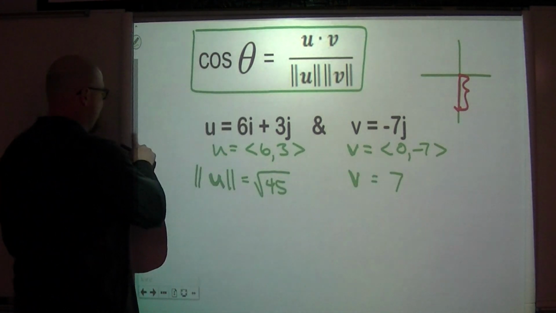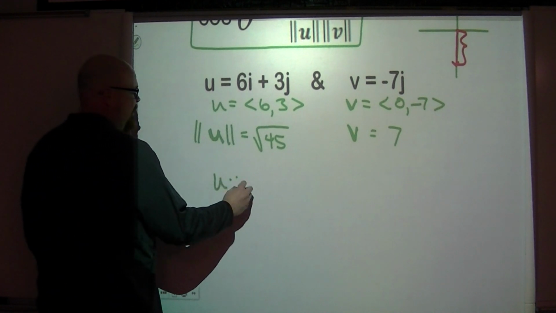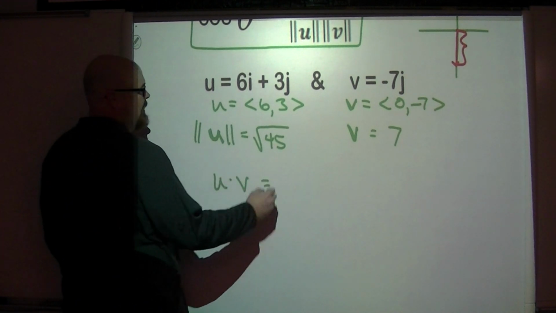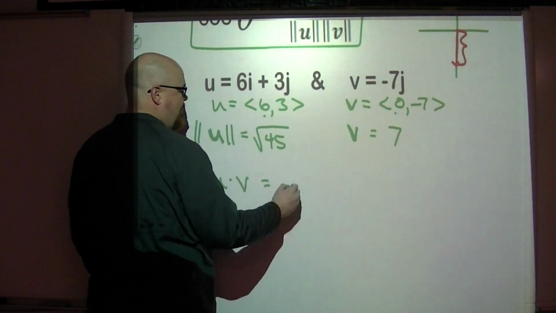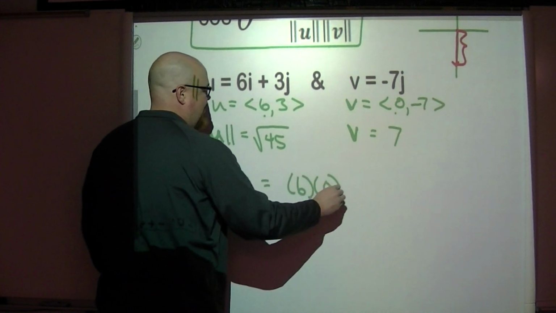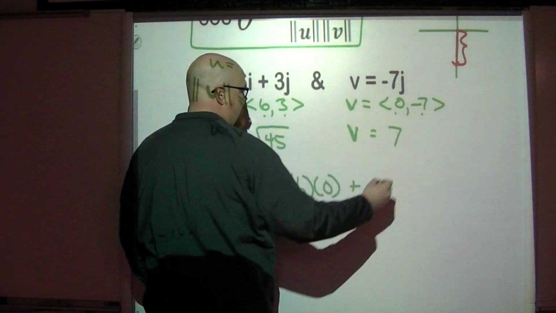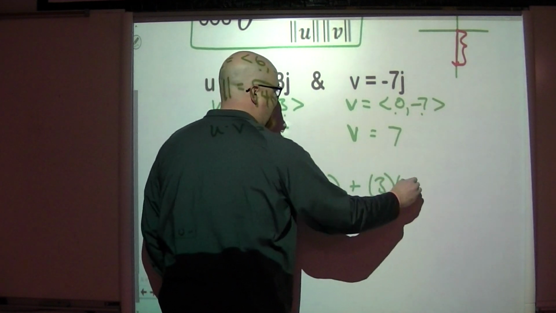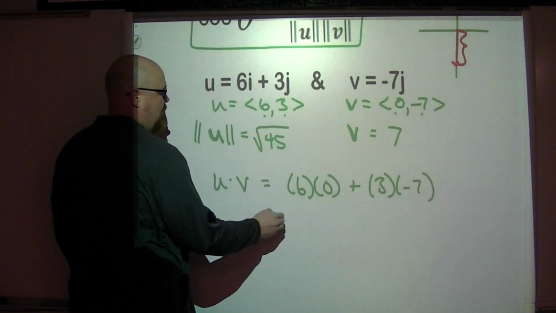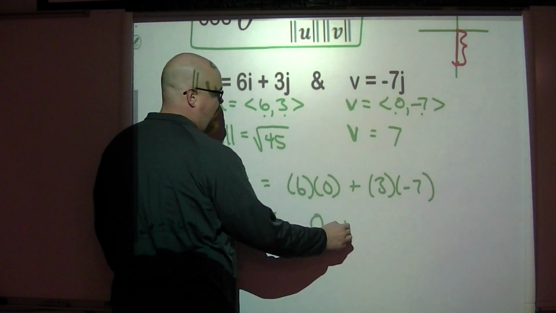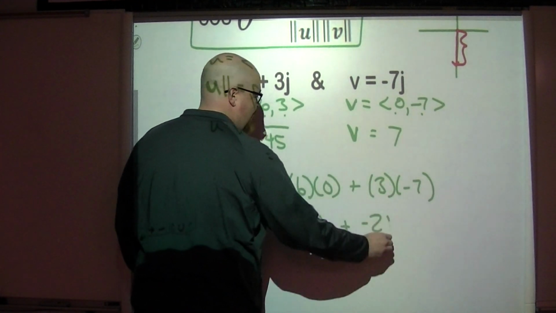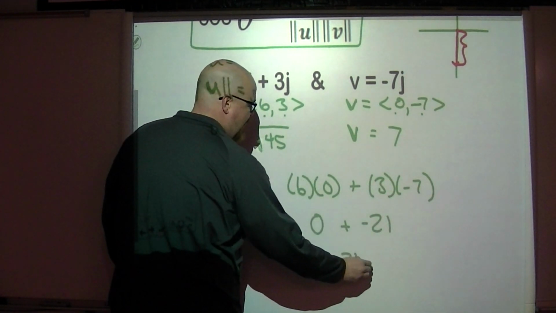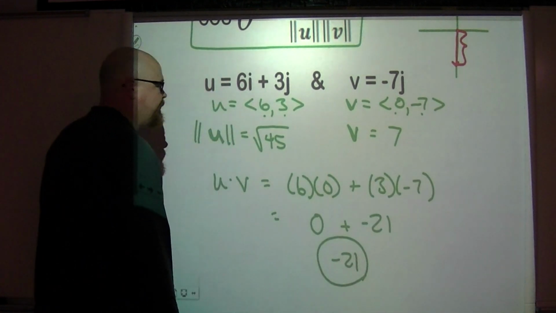The dot product of u and v is the product of these numbers, 6 times 0, plus the product of these numbers, 3 times -7. So 6 times 0 is 0, plus 3 times -7 is -21.